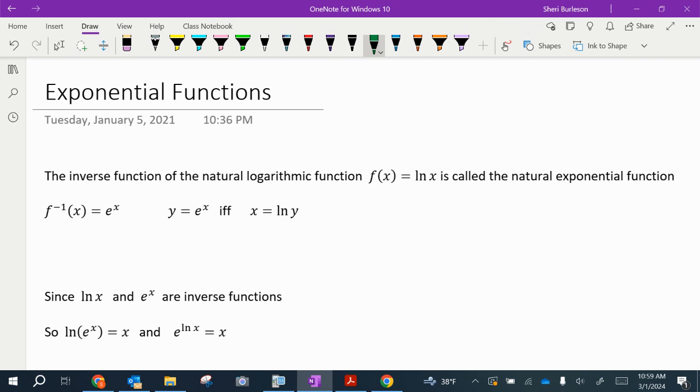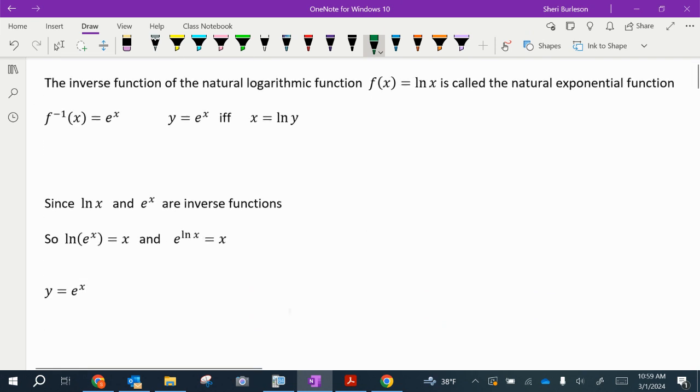So they are inverse functions of each other, remembering if we can convert from exponential to logarithmic and logarithmic to exponential, they are inverse functions. So since the natural log of x and e to the x are inverse functions, when we substitute the inverse function into the other function, so I have the ln function and the e to the x function, if I substitute an inverse into its inverse, I end up with x.